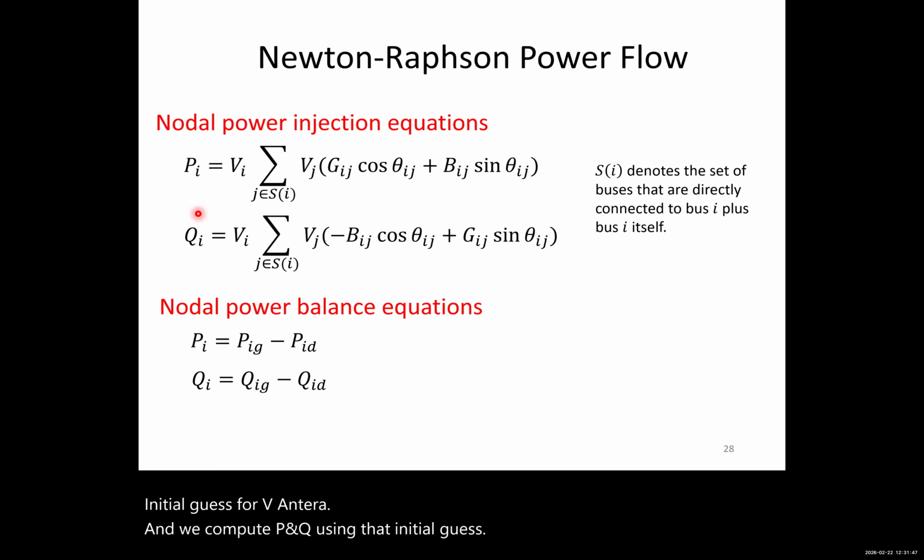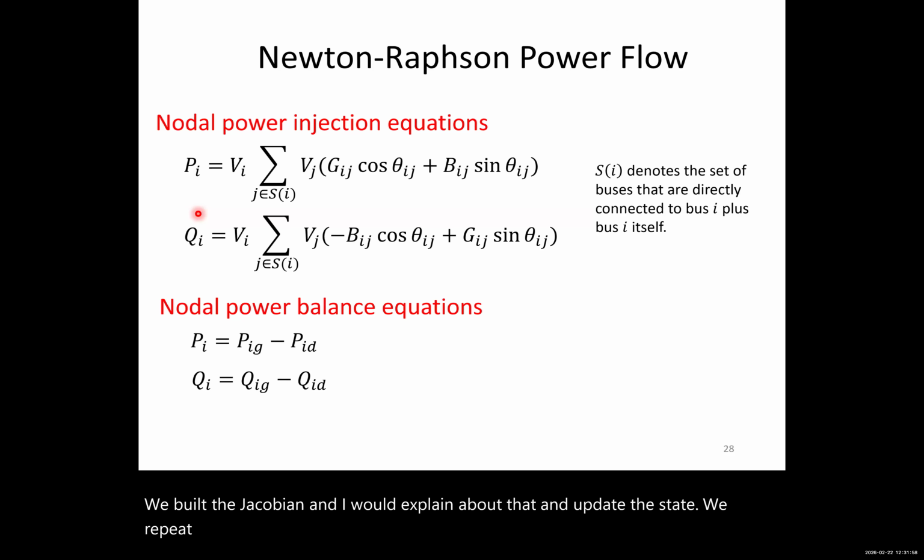And for mismatches, we build the Jacobian, and I will explain about that, and update the state. We repeat until mismatches fall below a tolerance, and that tolerance is determined by the operator.